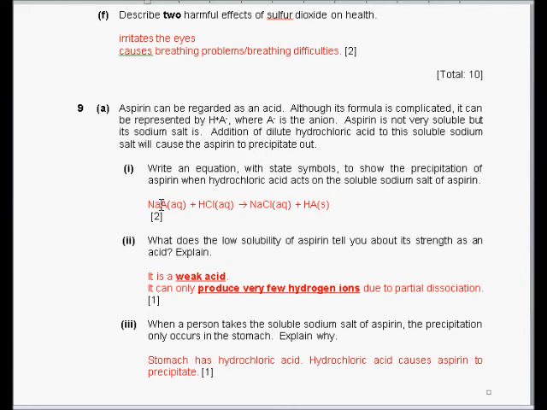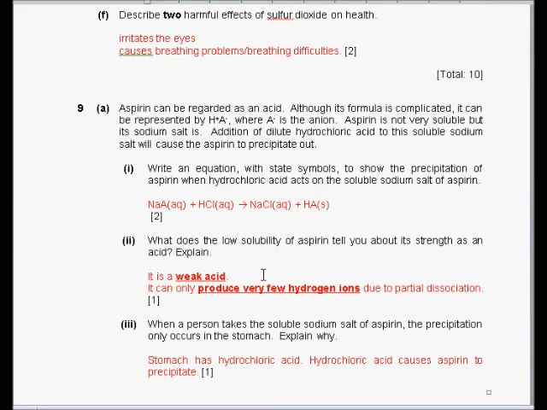So the chemical formula for the soluble sodium salt of aspirin will be NaA, plus HCl. So you get NaCl plus HA. HA is the precipitate, that's why it is solid. The rest are all aq, because it says already aspirin is not very soluble, but its sodium salt is. Anyway, they tell you the precipitation of aspirin.